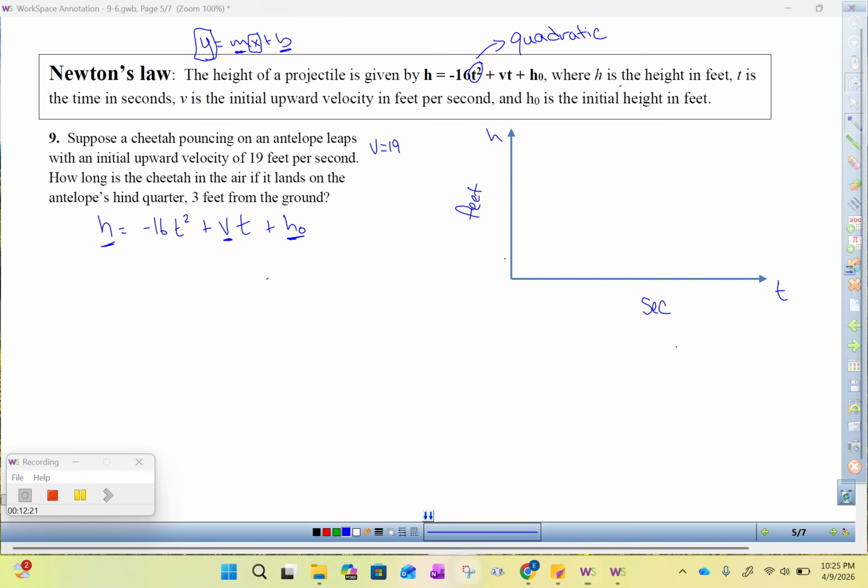The start height is where the cheetah started, and it's just pouncing, which means it starts on the ground. If they don't give you an initial value, then the default is 0. So the start height is 0, and that start height is our h naught.